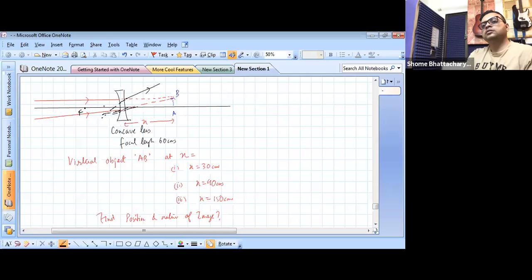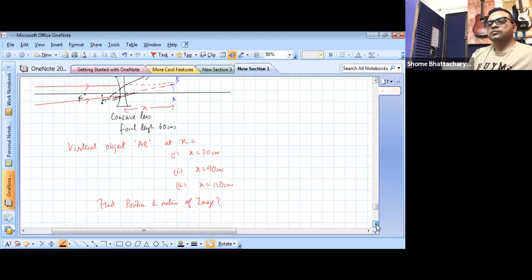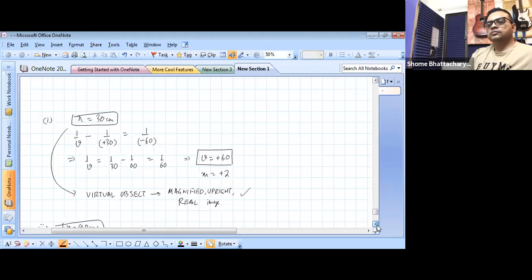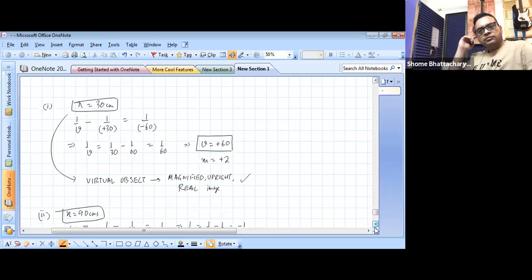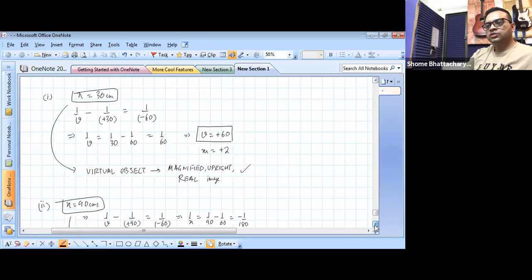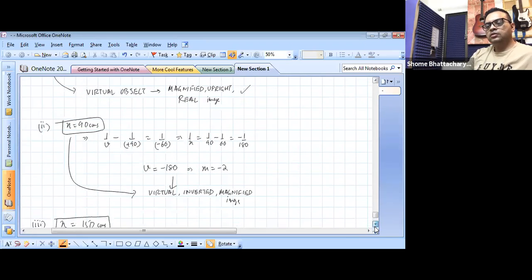It can give you an image here also. The ray diagram I showed you above corresponds to something like this, a virtual inverted image.